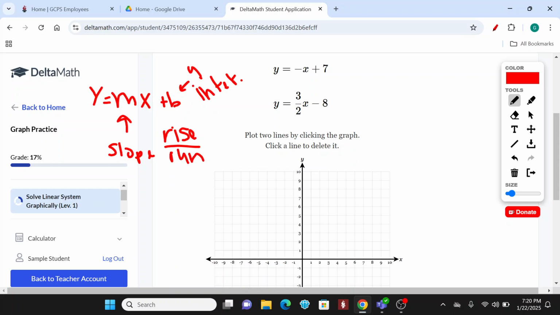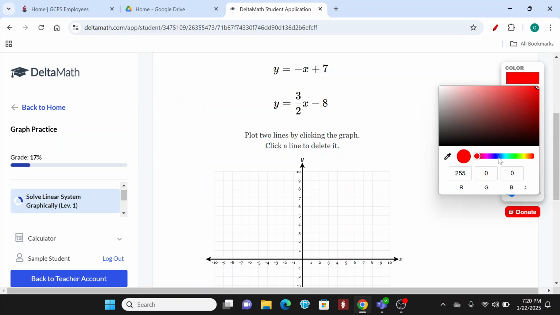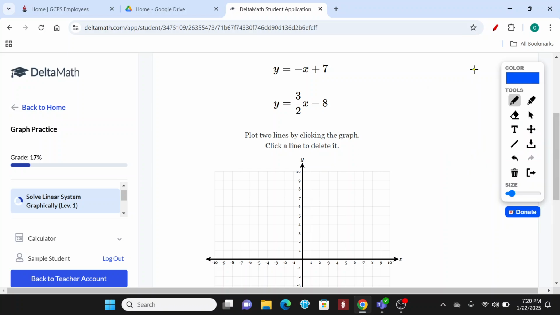Okay? So let's go ahead and get started, and we're going to graph these two equations. So first, I'm going to rewrite the equations in two different colors, so that way I can graph them that way. So our first one, I'm also going to move it down here, so that way when I scroll down, we can still see it.